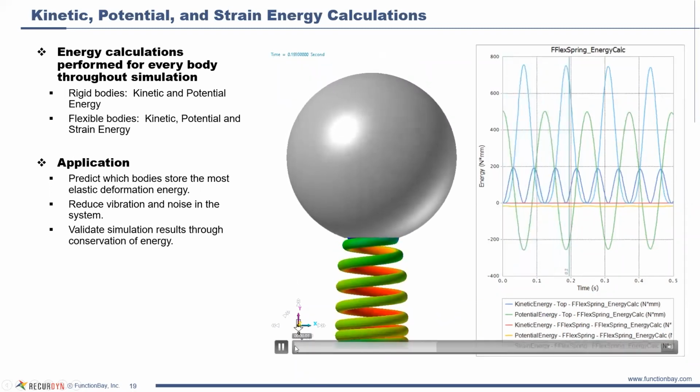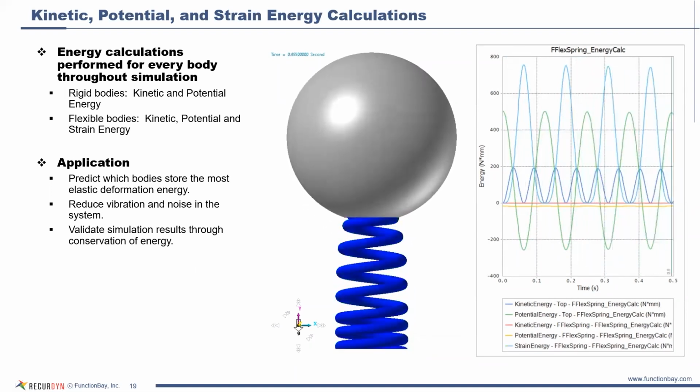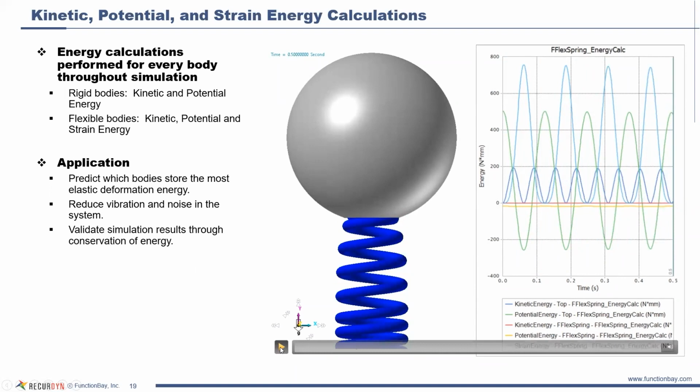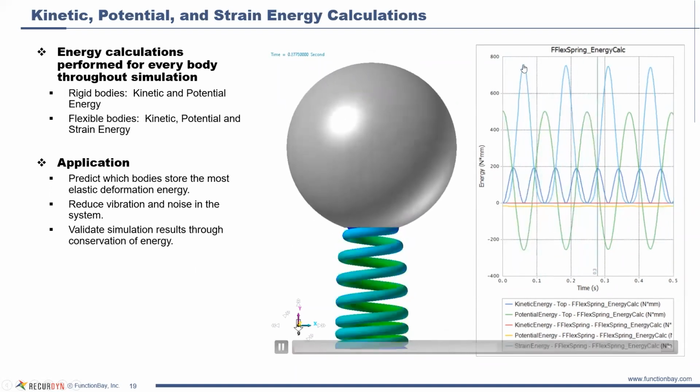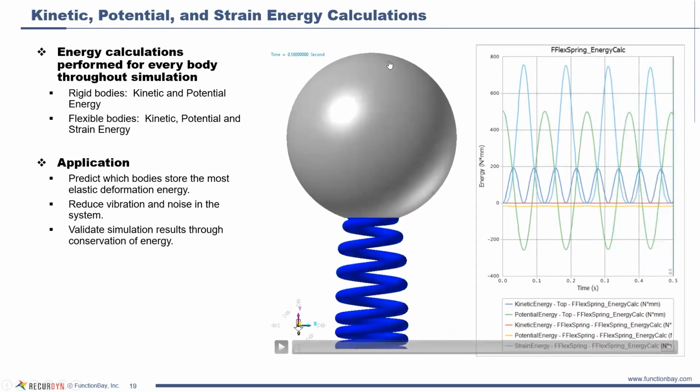The spring has been modeled as a flexible body. And as this simulation runs, we can see the variation in strain energy. Obviously, the kinetic and potential energy of this top body are also changing as well.